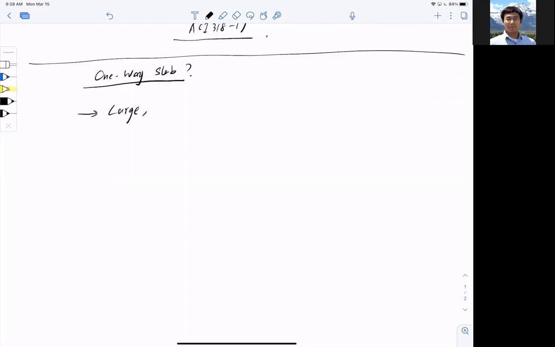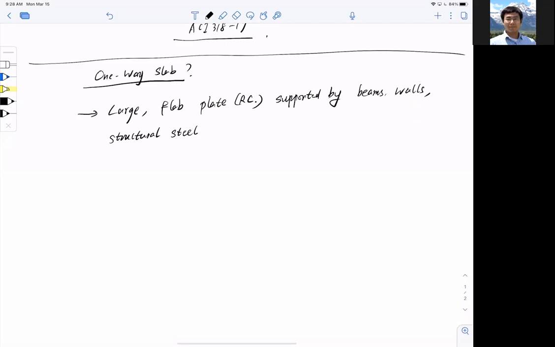So first of all, the definition is a large flat plate, or RC plate, reinforced concrete plate, supported by beams, walls, structures in general, structural steel, beams, hybrid, all kinds of things. All right. So that's the verbal meaning.